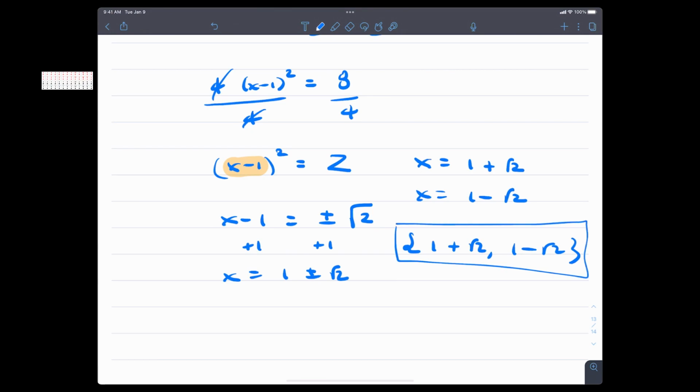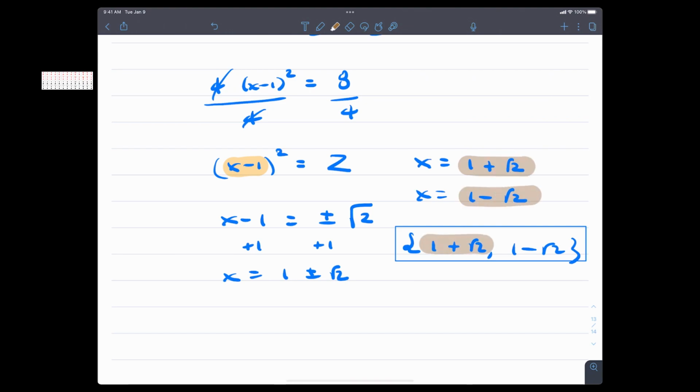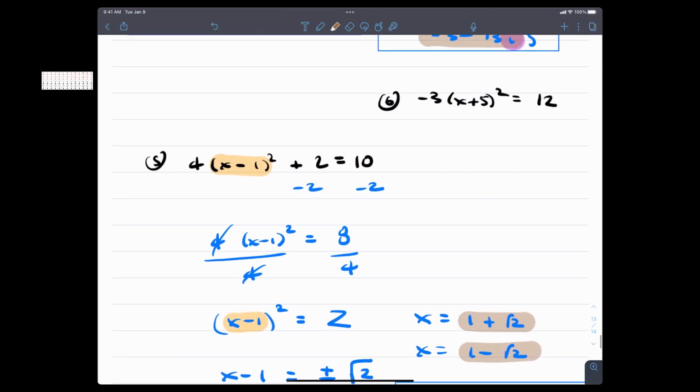There you go. We got two answers. They're not complex. Irrational conjugates.